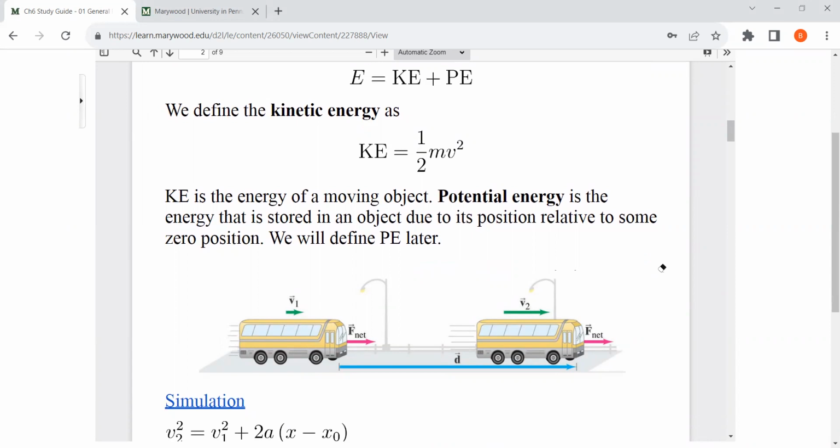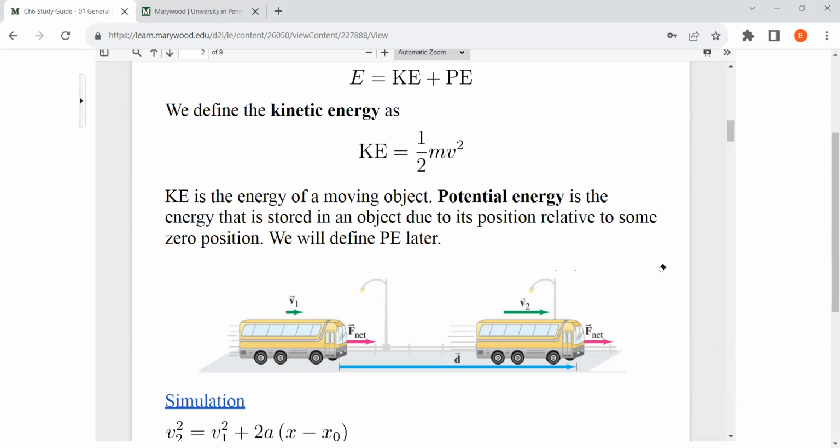For the time being, just remember that potential energy is associated with the object's position. On the other hand, kinetic energy is the energy associated with the object's motion. If the object is at rest, there is no kinetic energy. If the object is in motion, there will be kinetic energy for that object.